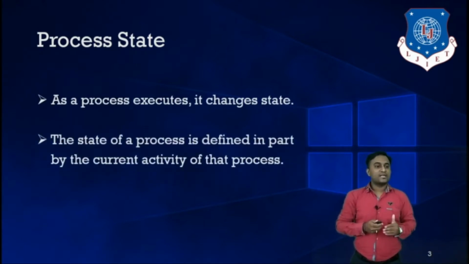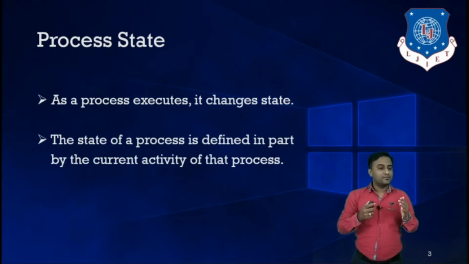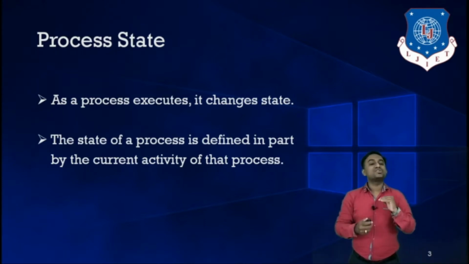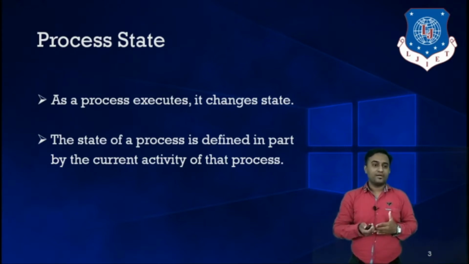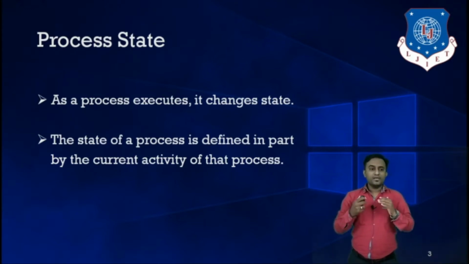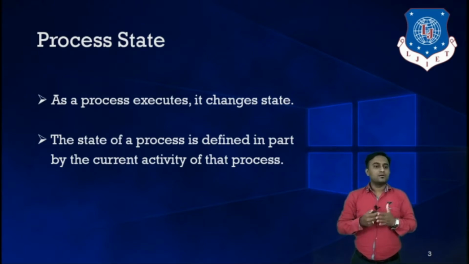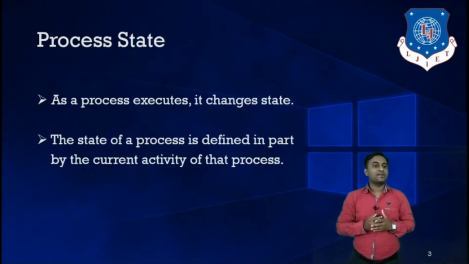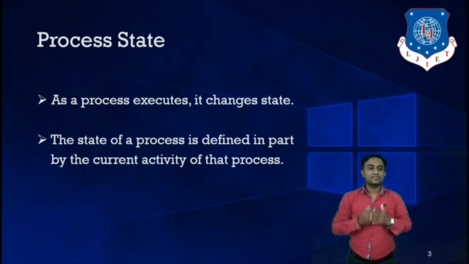Process state is nothing but the state of a process, which is defined by the current activity of the process. As a process executes, it changes its states during its lifespan, so it will change its state during its execution as far as the operating system is concerned.